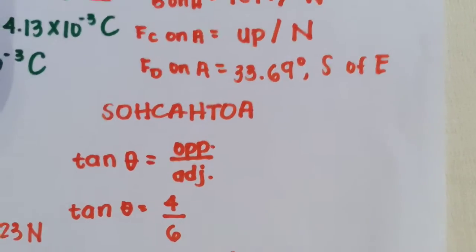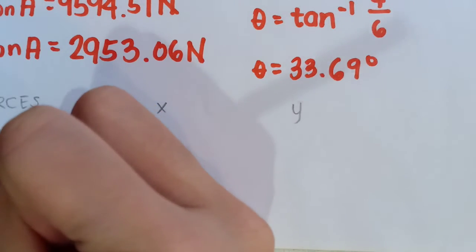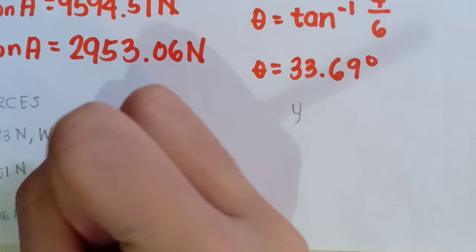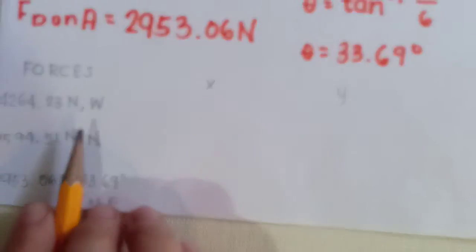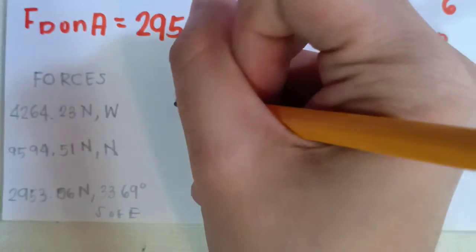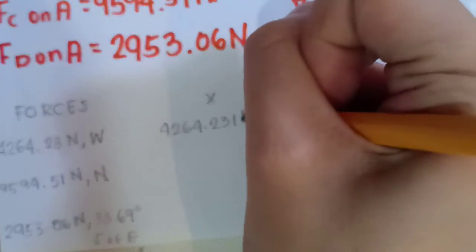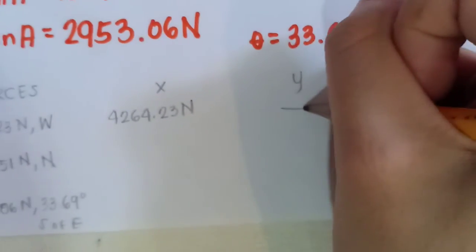Then FD on A is 33.69 degrees south of east. Since FB is only going west, all of the force is under X: 4264.23 N. Then it has no Y.